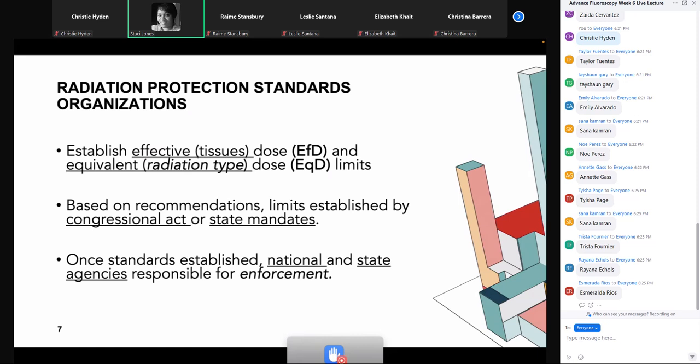Then you have organizations that look at those limits and, based off those limits, decide whether they're going to make a state mandate or a congressional act. And once those limits are established and the congressional or state mandates are put into place, then the national and state agencies are responsible for enforcing those limits.